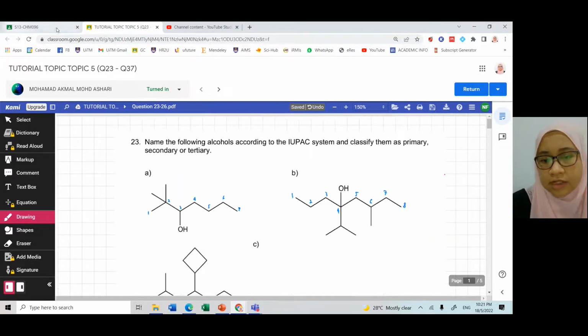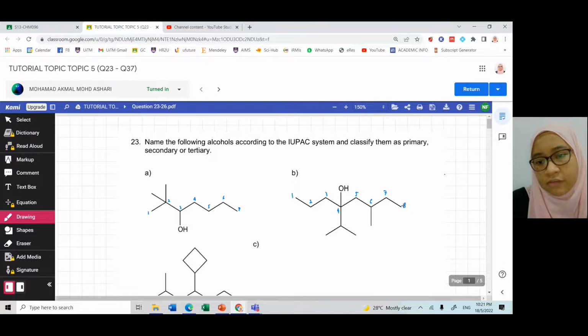We have to identify the longest chain. It is quite obvious that this chain will be the parent, and it also contains the functional group. If we start from here and go down, 1, 2, 3, 4, 5, 6, we get only 6 carbons.